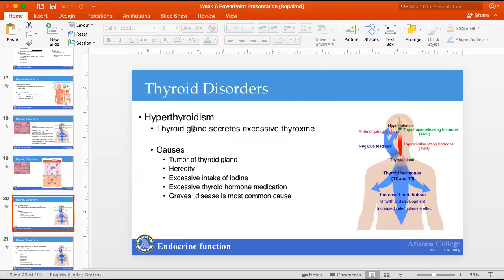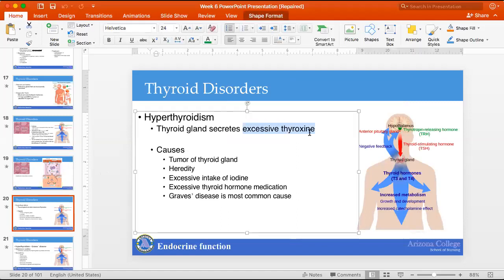Okay, so hyperthyroidism. This is when the thyroid gland secretes excessive thyroxine. Remember, that's that T4. Causes could be a tumor of the thyroid gland, hereditary, so it means passed on from generation to generation, excessive intake of iodine.